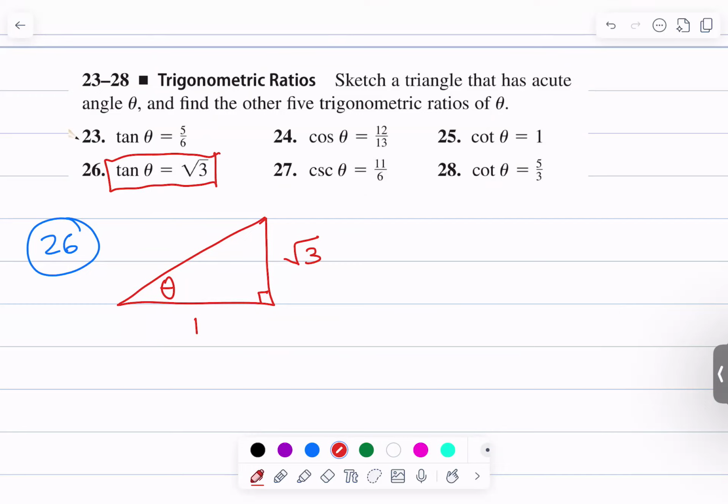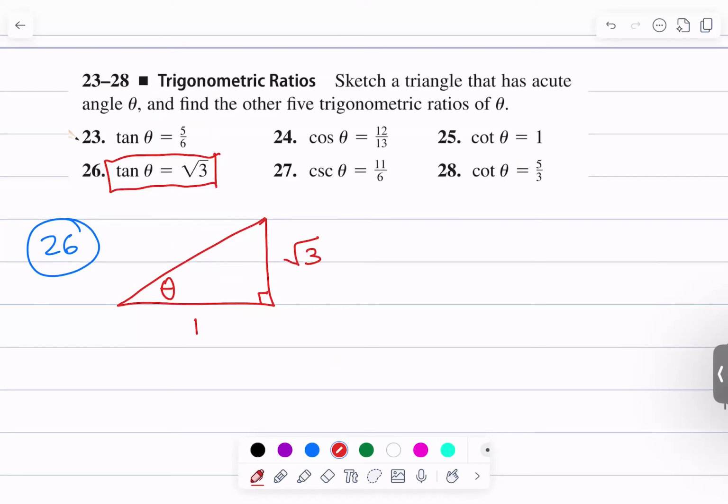Square root of 3, 1. If you don't know automatically, then you can use the Pythagorean theorem.